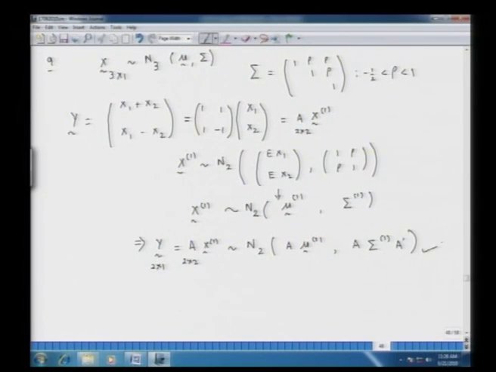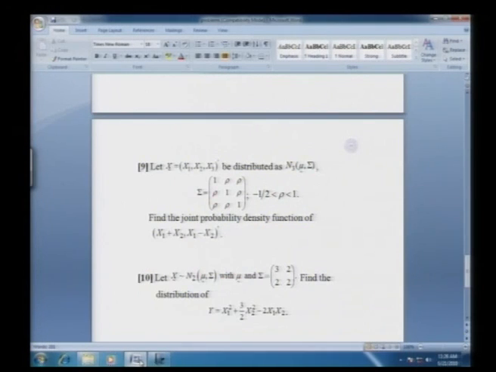So this is the desired joint distribution of this random vector with x1 plus x2 as its first entry and x1 minus x2 as the second entry. So this completes the solution of problem 9.